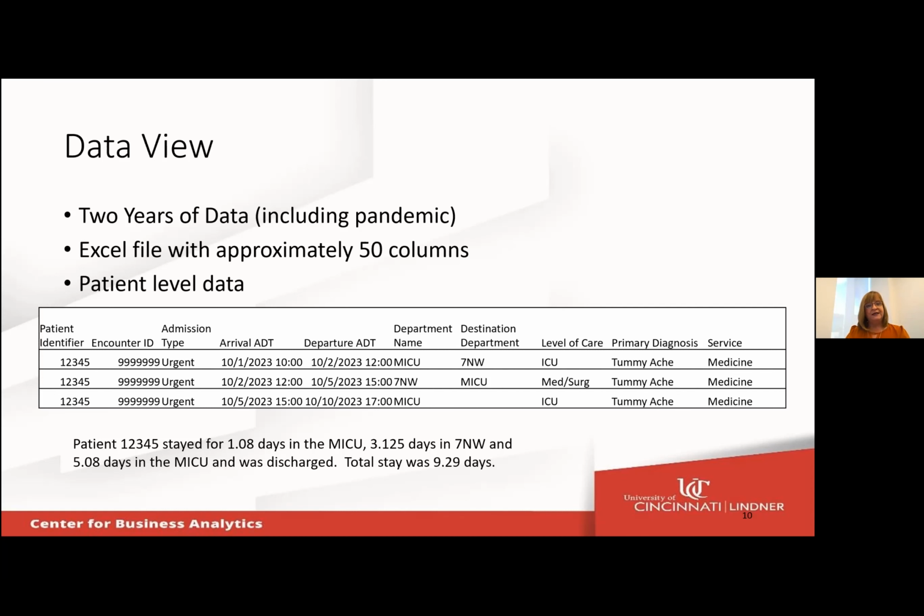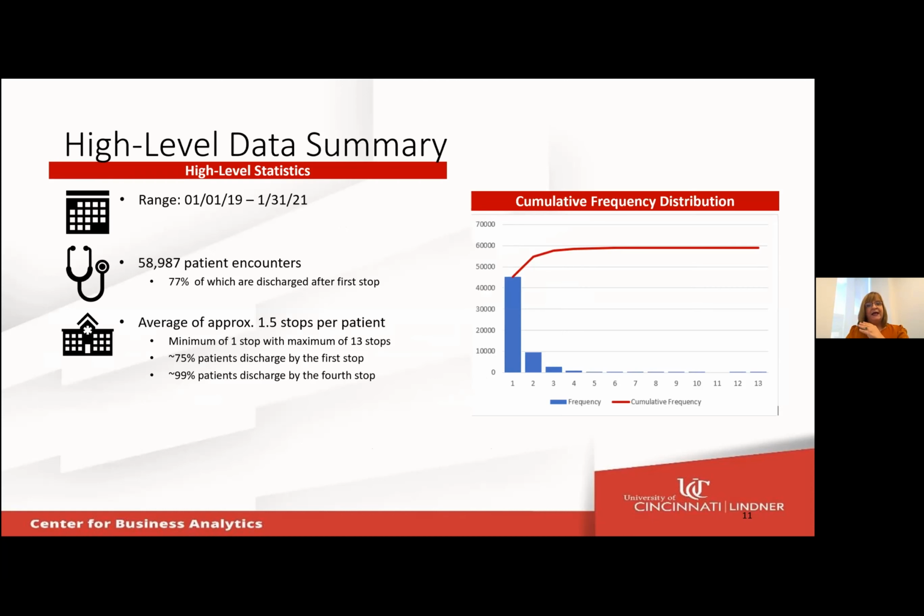Now, as we look at this, this was one patient. And what we found in our range of data over 2 years was that we had about 60,000 patient encounters. And that could be overwhelming to think about analyzing unique paths for each of those patients. So what we started to do was understand the data.